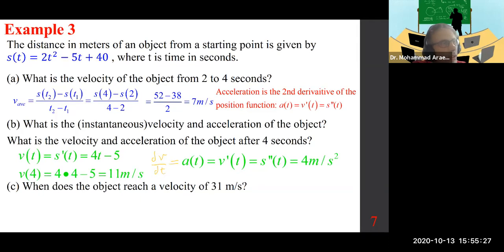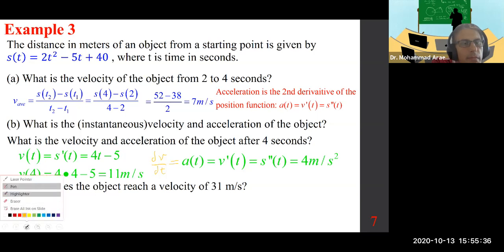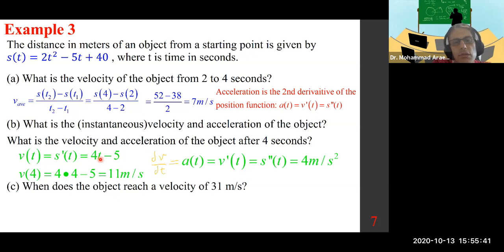Now, when does the velocity reach 31 meters per second? Okay, the velocity, we found it to be 4t minus 5. So set it equal to 31. This is simple algebra.